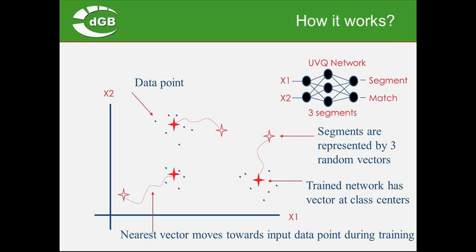So the UVQ concept, how it really works. I will try to explain it here. The data is clustered in, let's say, the hyperspace dimension, which is dimension 4 and higher. But to easily explain it here, you see that I just use two dimensions, let's say x1 and x2.